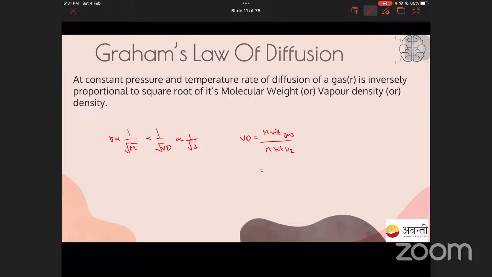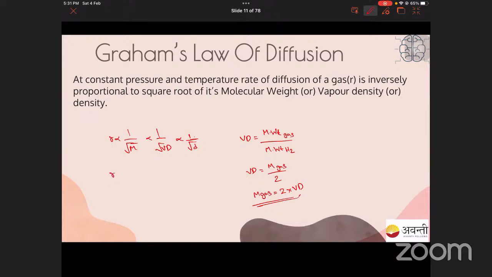Now what is the molecular weight of hydrogen gas? 2, right? So molecular weight of gas, M gas I'm writing, by 2 is equal to vapor density. Molecular weight of gas is equal to 2 into vapor density. Just substitute that in the same relation: rate is inversely proportional to square root of molecular weight. You'll get that it is inversely proportional to square root of vapor density. Let's see how.